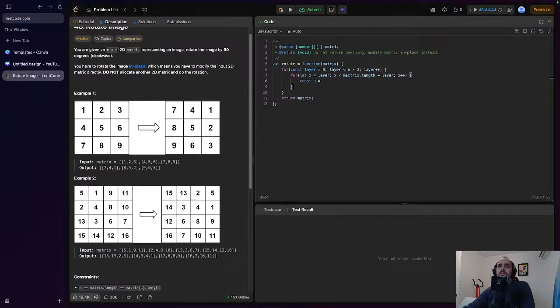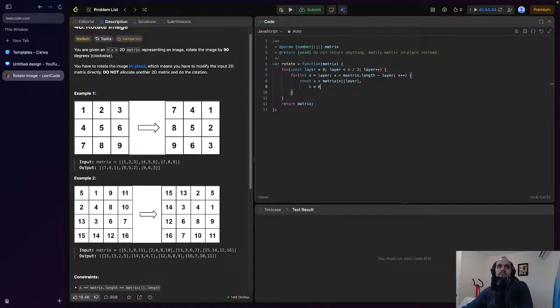And we'll do A is basically just grabbing the 4 elements that we need. Matrix sub x sub layer. Yeah.